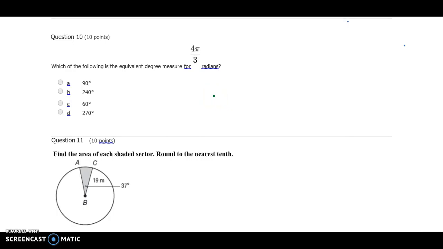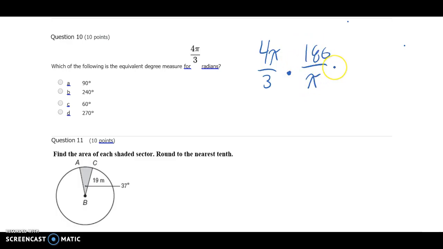So question 10, these are straightforward. It says which of the following is equivalent to the degree measure for 4 pi over 3 radians. So going from radians back to degrees, we see our answer choices are in degrees. Remember, to do that, all you do is 4 pi over 3 times 180 over pi.